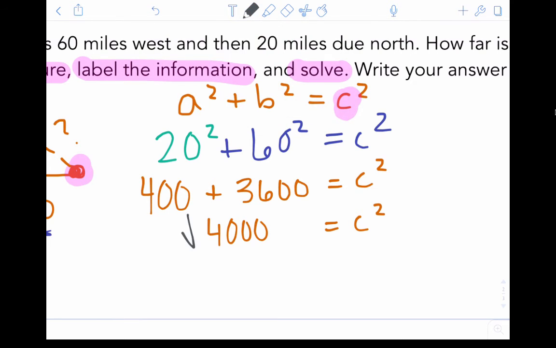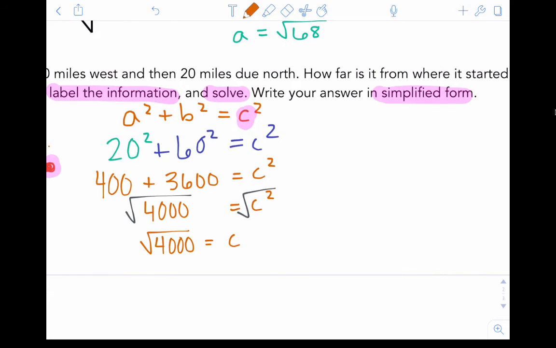Now I need to square root both sides. Square root of 4,000. I don't think that that is a perfect square. So I know right now that square root of 4,000 is equal to c. So that means I need to simplify this.